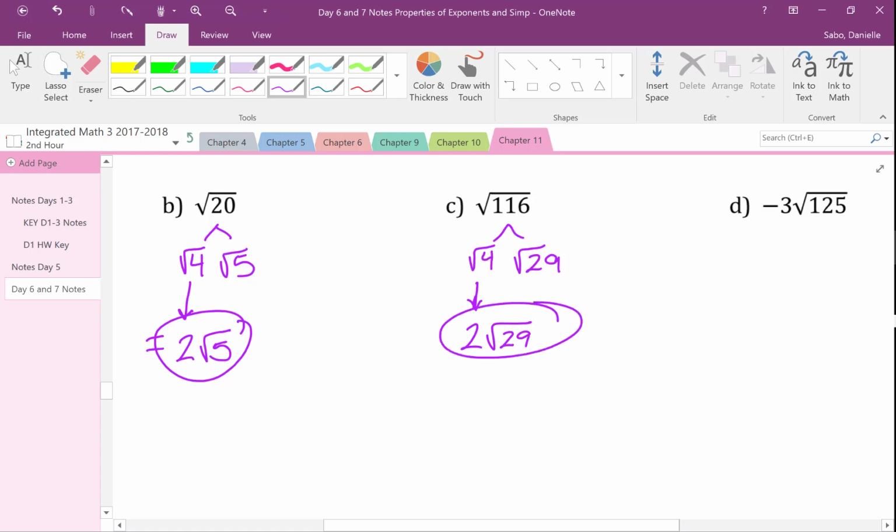Okay, try D. Okay, that -3 is just hanging up on the outside of that house. That's okay. Take a minute and do number 3. If you have questions, now is a perfect time to ask.